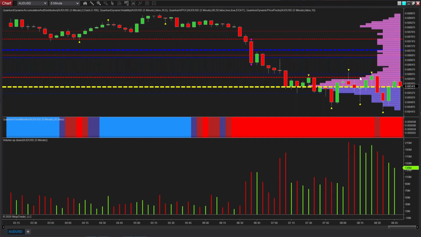So these levels here, which are building and constantly refreshing as price action tests and retests, will carry more strength than on the 1 minute because they've got a greater period of time involved in their build.